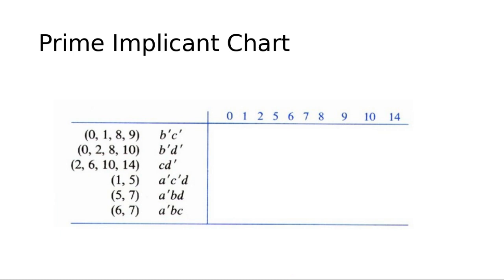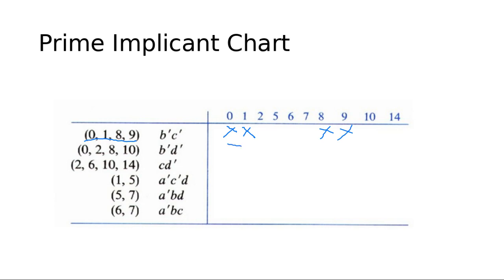Okay, let's create a table for this. You have this one and this one. This one is 0. Let's put an x there. Put another x at 1, another x at 8, another x at 9.